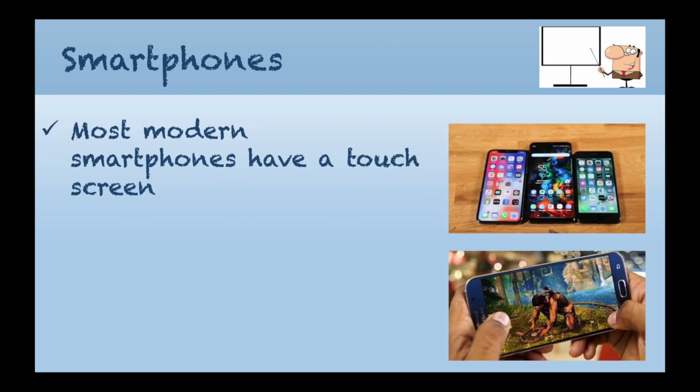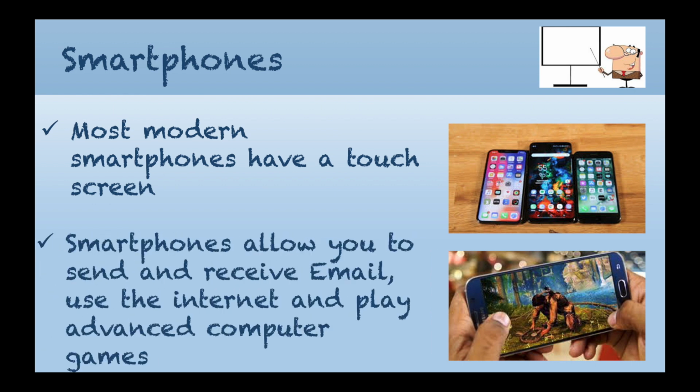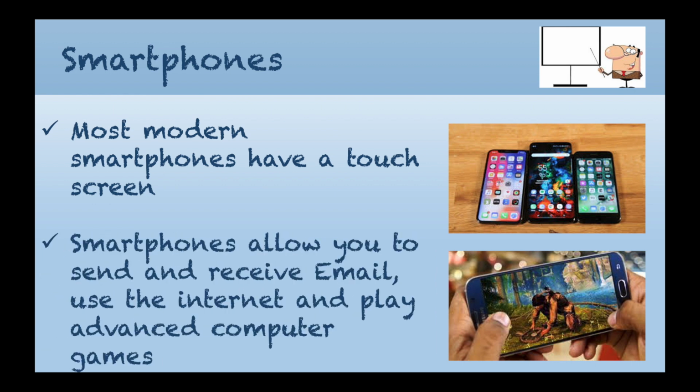Most modern smartphones have a touchscreen, so when you buy or if you have a smartphone, you will control it by using your fingers and thumb, by scrolling through the screen and tapping the screen to access the information. The smartphone allows you to send and receive email also, use the internet and play advanced computer games.